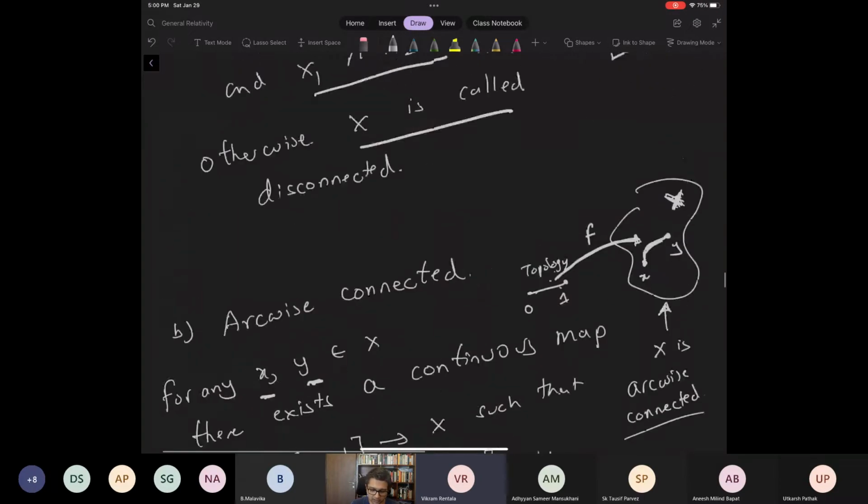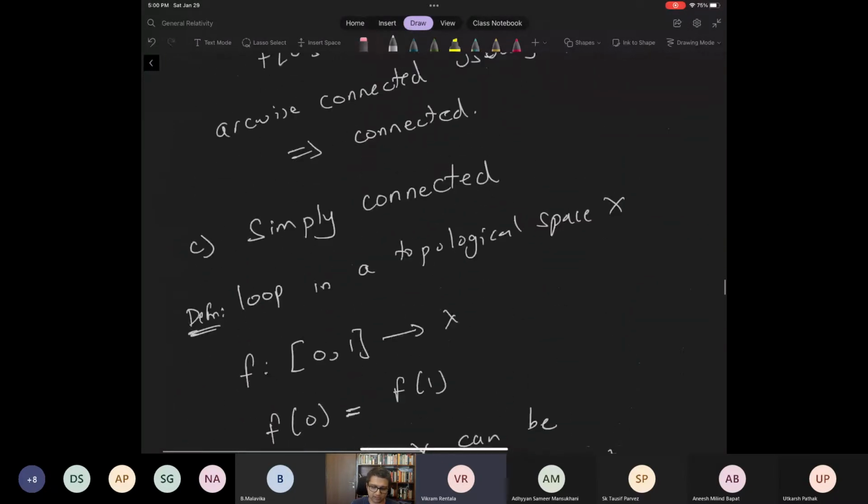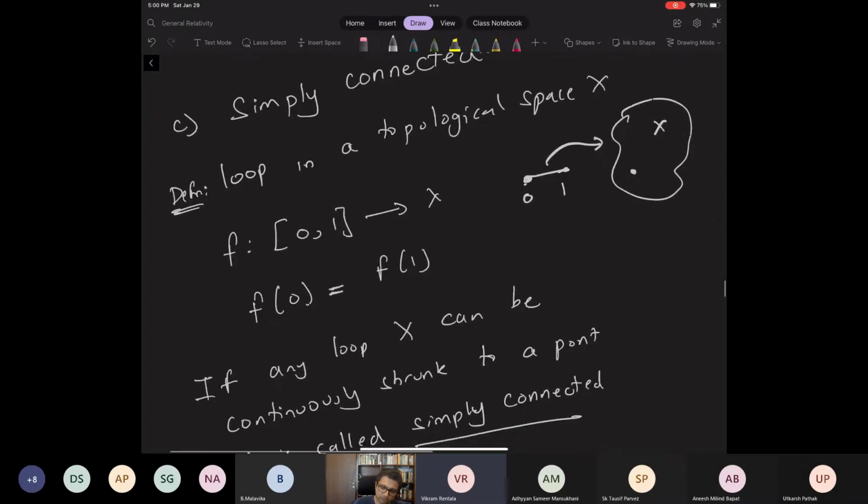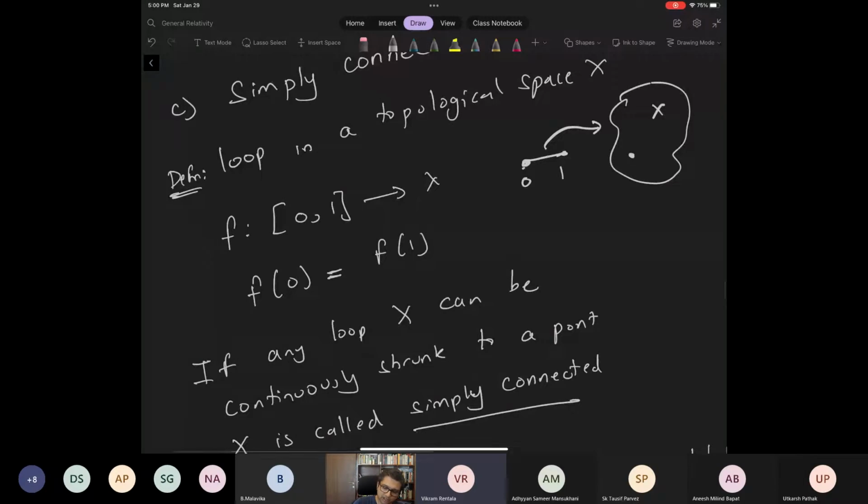There's a third notion of connectedness, which is associated with what are called simply connected spaces. Again we draw maps from 0, 1, which is a closed interval, to a space X. We draw the maps in such a way that f of 0 is equal to f of 1.